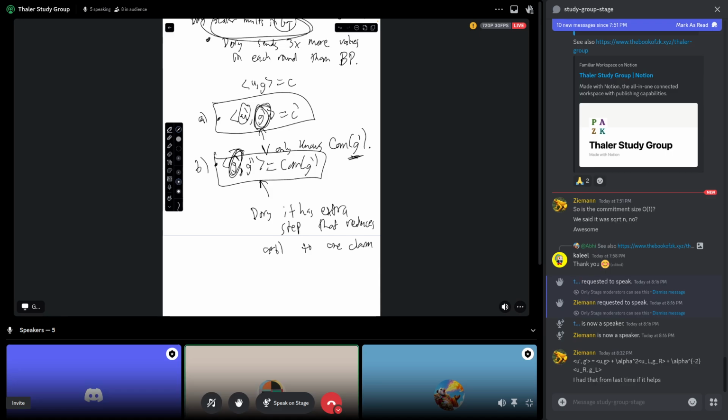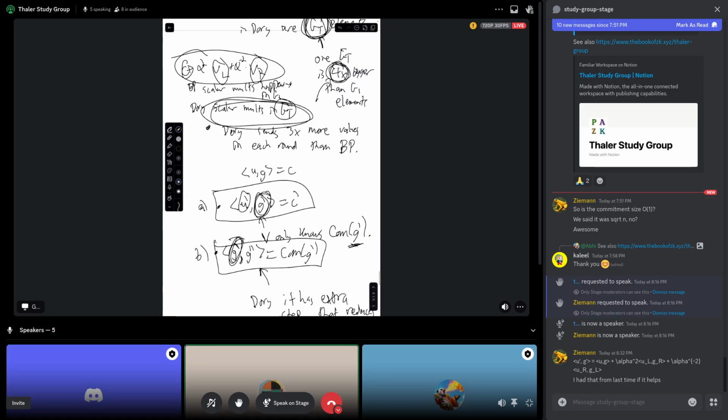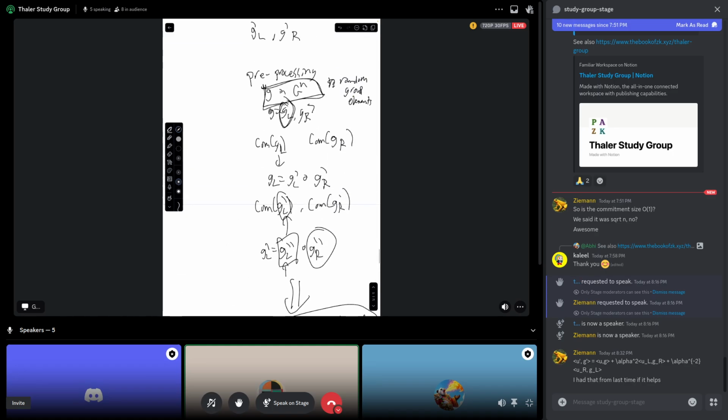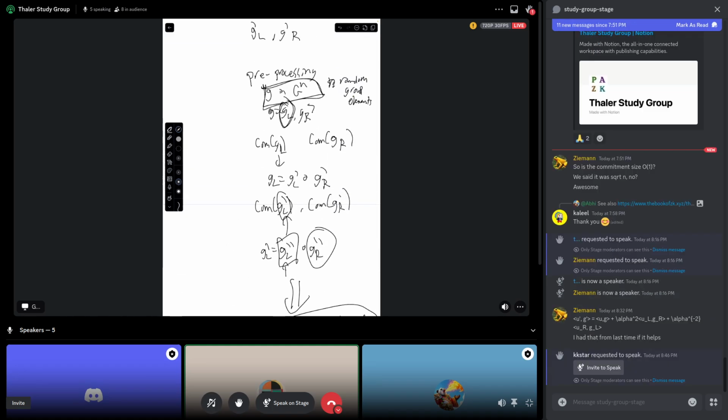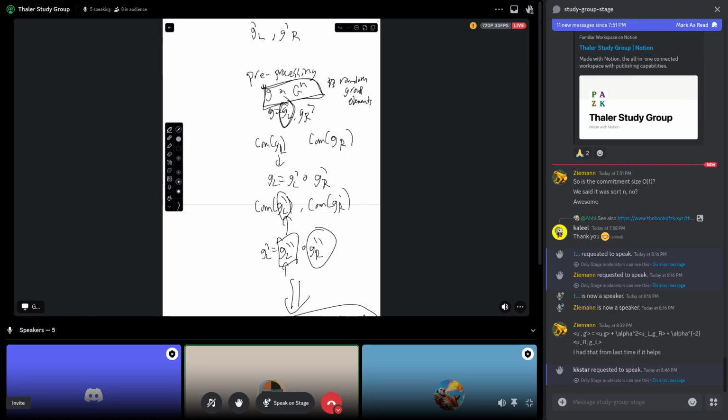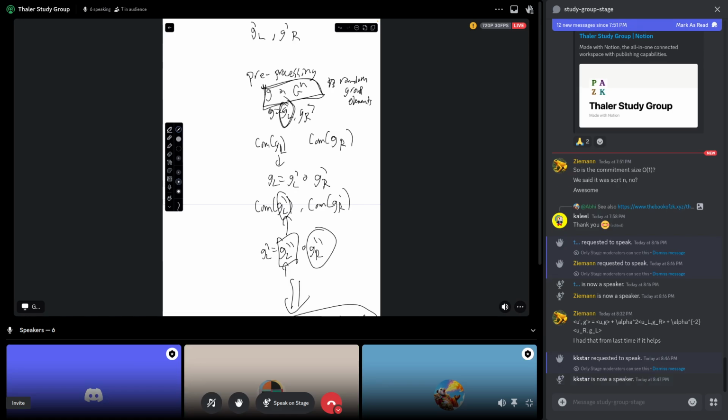I've got a quick one about preprocessing. Am I correct that it should be done not even for a particular circuit, but for a particular input to a particular circuit? No, so the pre-processing is kind of like a powers of tau setup, like it supports all circuits up to a given size.